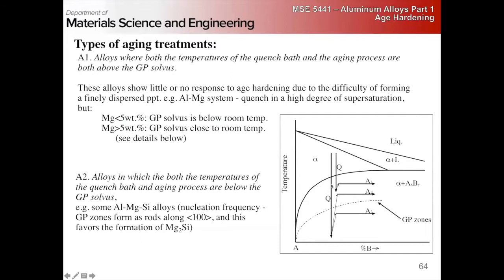It should make sense after everything that we talked about that we're not going to get a fine dispersion of secondary phase particles that are good for strengthening. What are we going to get? If we're quenching and aging above the GP solvus temperature, what types of particles are going to form, where are they going to form, how are they going to nucleate?